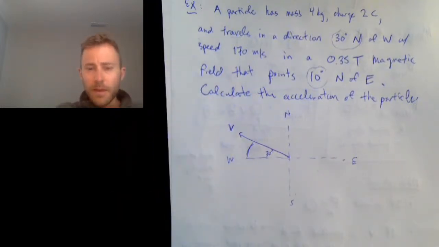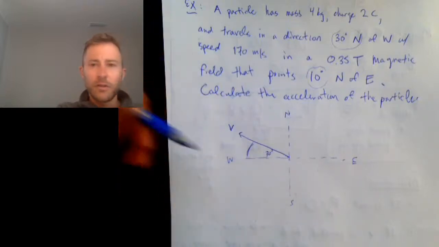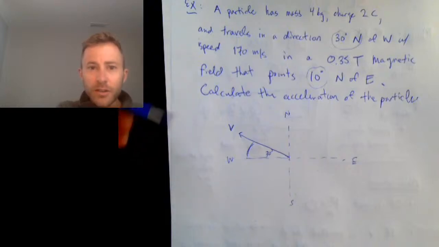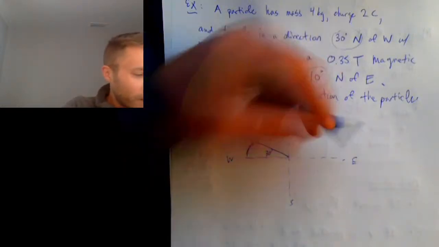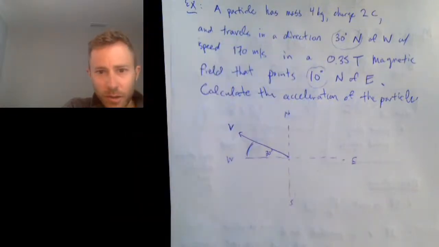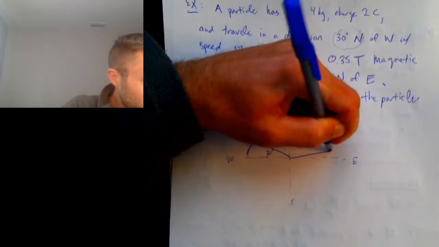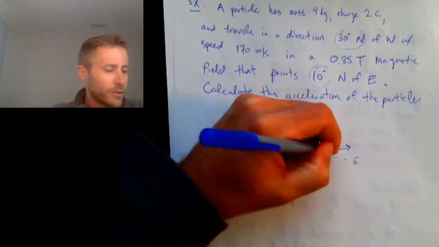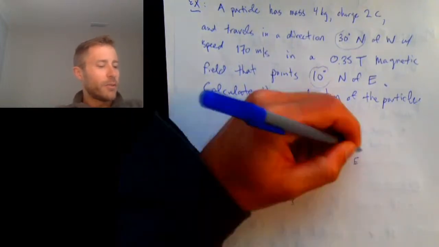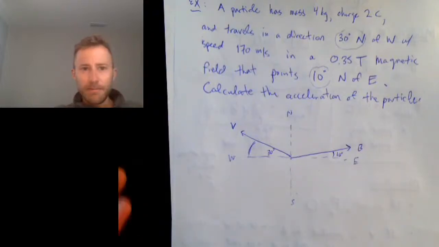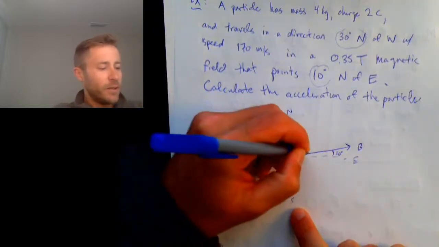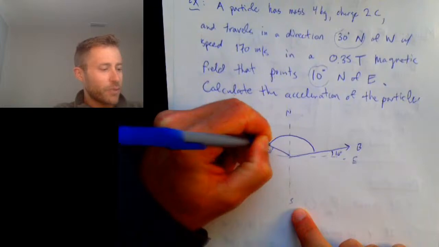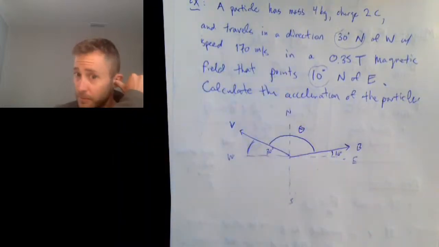For the magnetic field, it is in a direction that is 10 degrees north of east. So I have eastward, and then I go 10 degrees above that to something like this. Okay? So that's 10 degrees. And here's my magnetic field. Now, theta is the angle between V and B. So the theta in the magnetic force law is that angle right there.